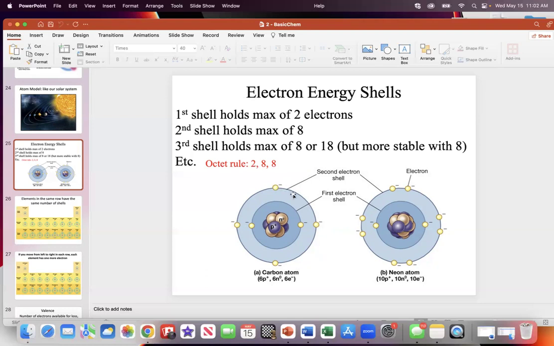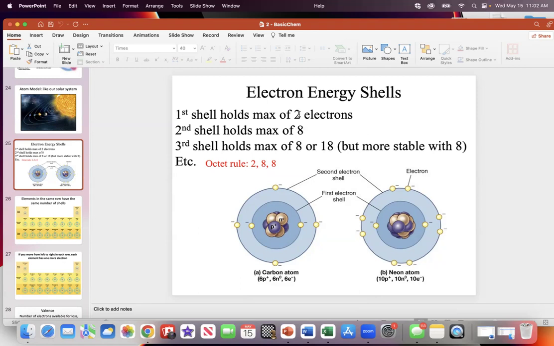The second layer can hold 8. If they reach 8, the next one has to go to the third layer. The third layer can hold 8 or 18. If you took chemistry, they can tell you that as the shell becomes bigger and bigger, there can be exceptions. But for this class, let's keep it simple. Let's just say 8. You can forget 18. I won't ask you the 18.